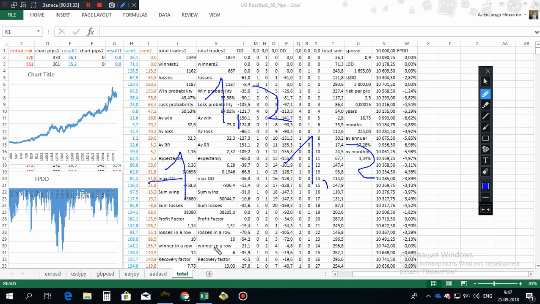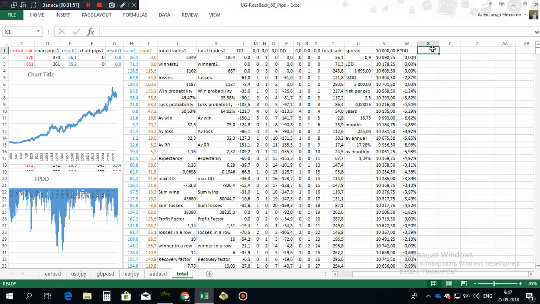Yes, if you lose 1, you lose 1, of course. So this is your risk. If this one equals 1%, so this one equals 1.2 multiplied by 1%. That's why you need to know risk to reward.